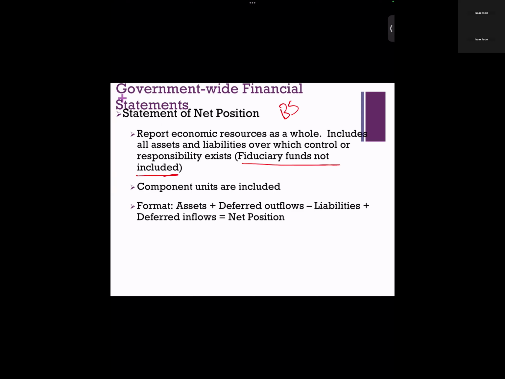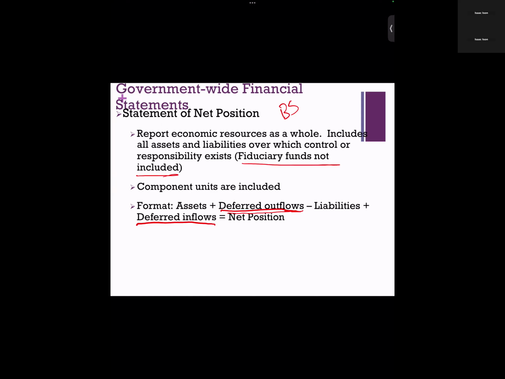Component units are included. We'll learn more about component units later. We'll also learn more about deferred outflows and deferred inflows. For now, think of a deferred outflow as a quasi asset, or an easier term, an almost asset. It's an asset, but not quite, and has some different characteristics.